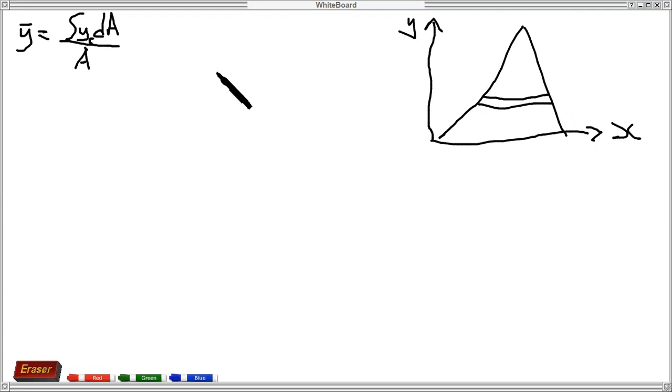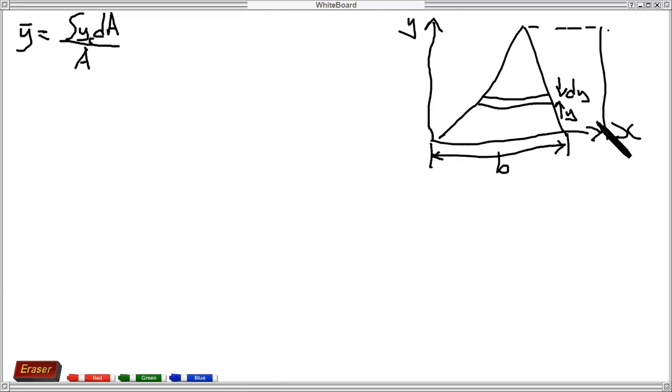Let me just label some of this. From here to there, this is your dy, and this area down here is your y. From here to here, they call it v. This is the height here at the top.